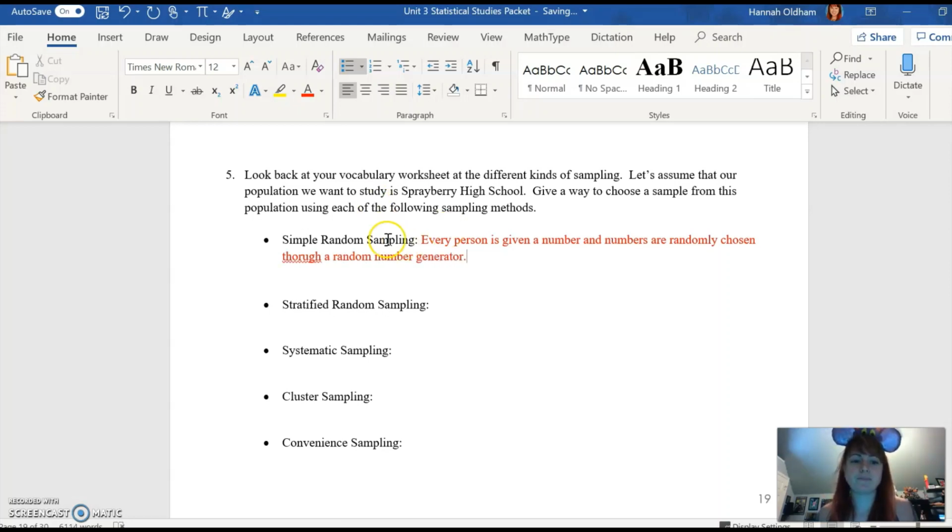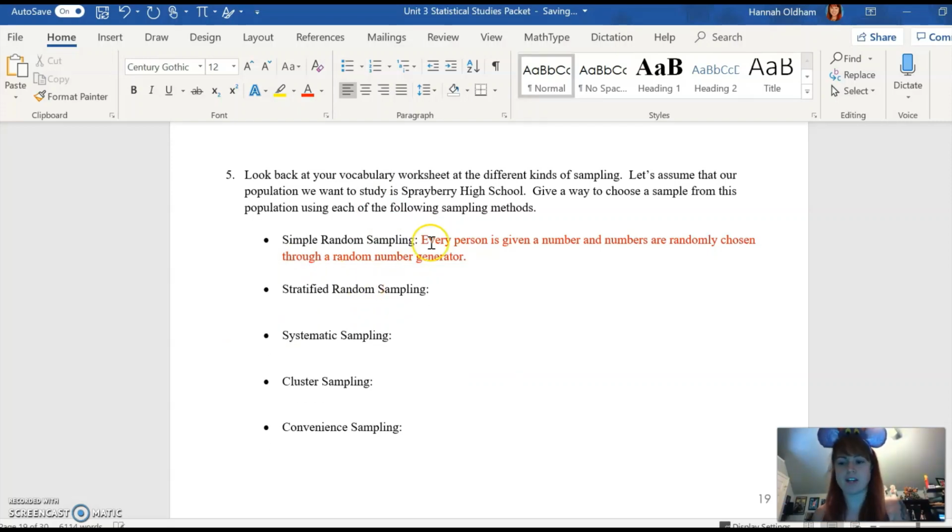The key here is that a lot of times we use the word random and we're not actually doing random. Like we say, oh, I'm randomly going to pick people. But you still have your own personal bias. Like when you're walking up to people in the lunchroom, you're not randomly picking people. You're picking people that you're willing to go talk to. And so we might not acknowledge our own bias when we're doing random, but a computer has no knowledge of that. Everybody has a number and it randomly goes.